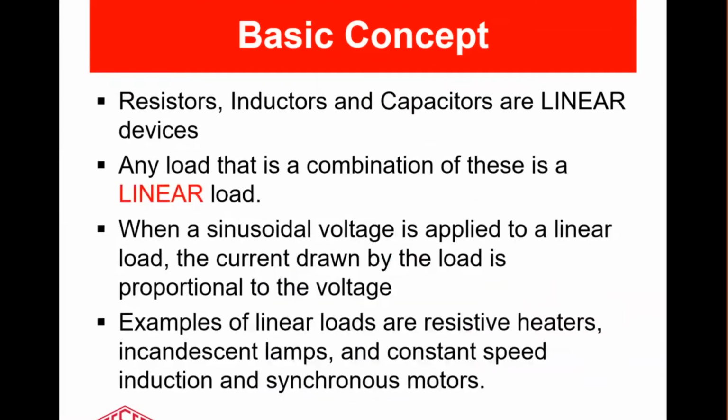Loads that contain resistors, inductors, or capacitors are called linear loads, and they're characterized by the fact that the current is proportional to the voltage, though it may be shifted in phase.